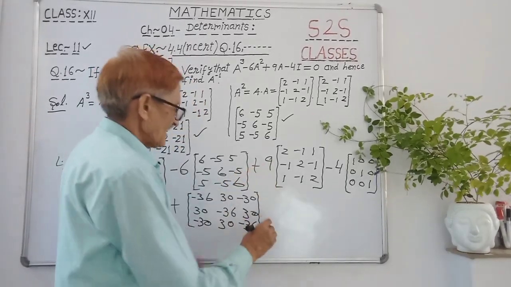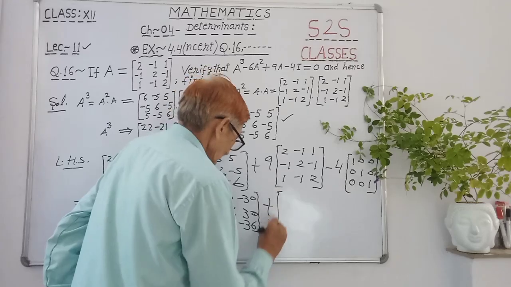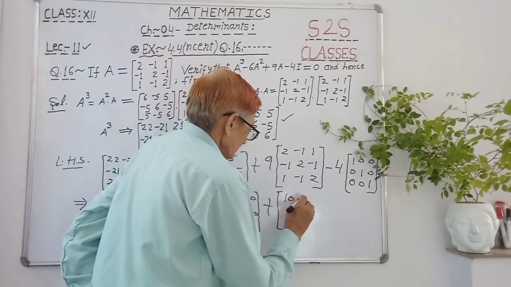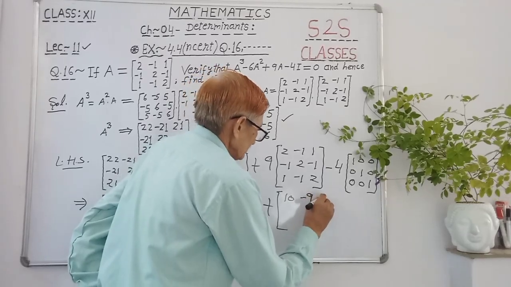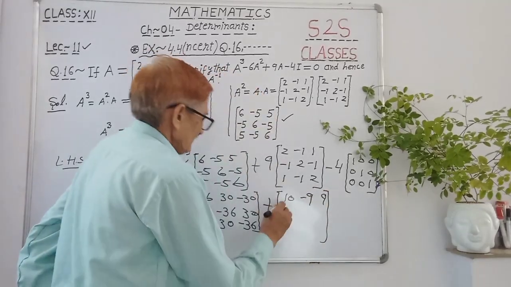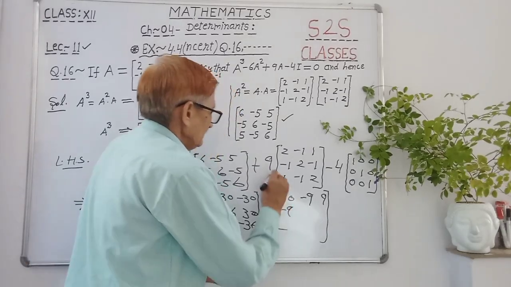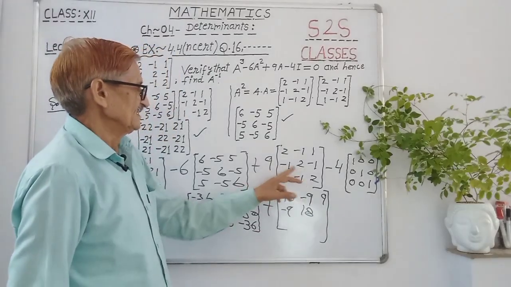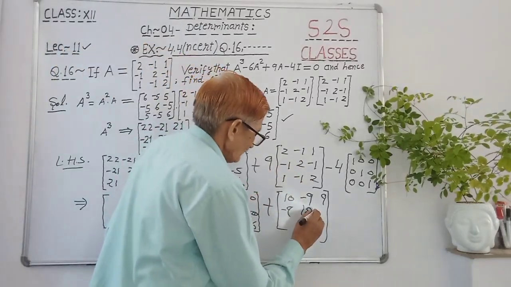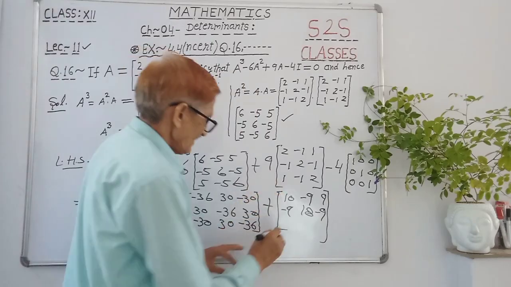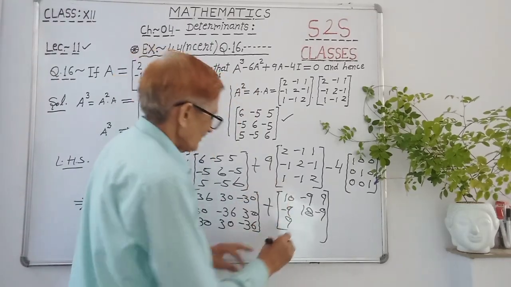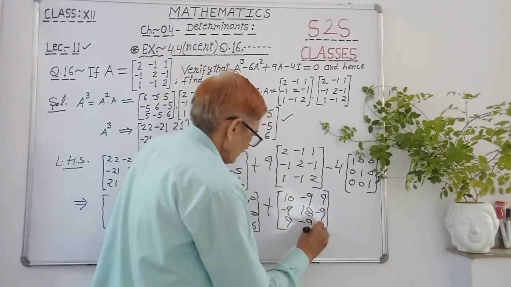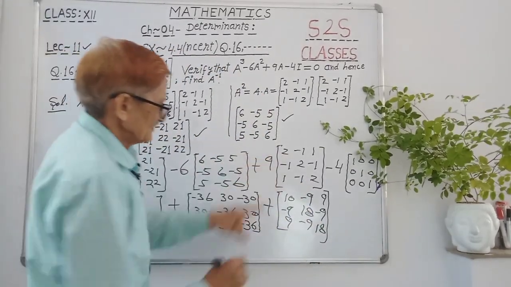This, फिर plus 9, multiply with 9, 9 2 जा 18, 9 1 जा 9, minus 9 and plus 9, then 9 1 जा 9, minus 9 and 9 2 जा 18.